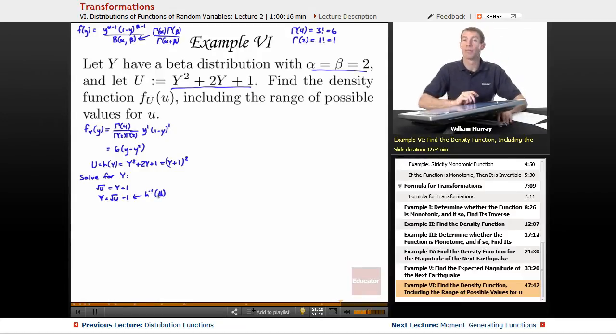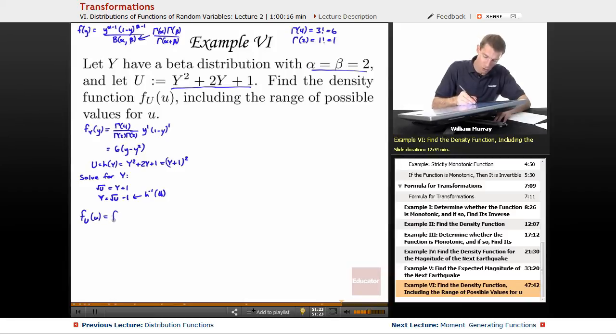Now, let me remind you of the generic formula for the density function when you use the method of transformations. It says that f sub u of u is equal to, well, you start with the density function for y, f sub y, and you plug in h inverse of u, and then you multiply on the derivative, d by du of h inverse of u, and in case that's negative, you want to take its absolute value.